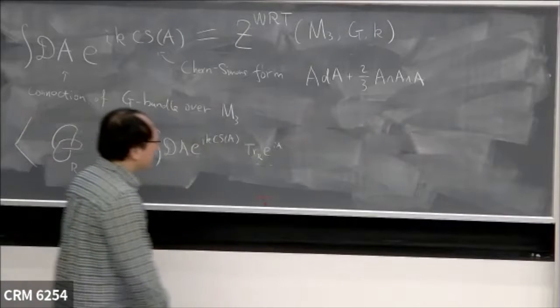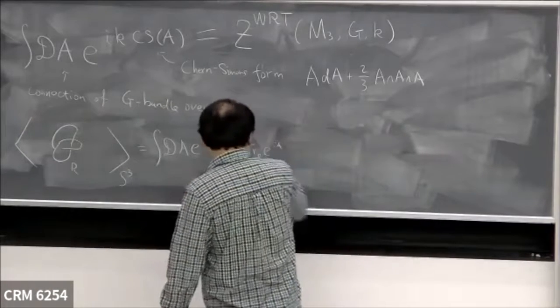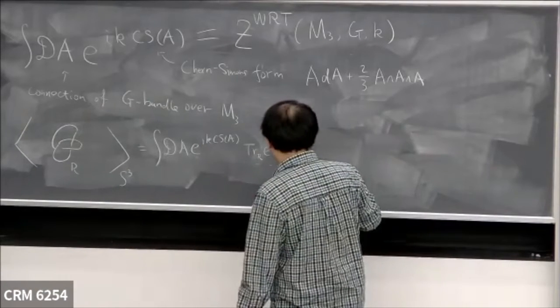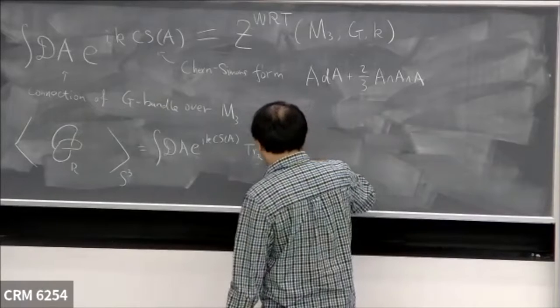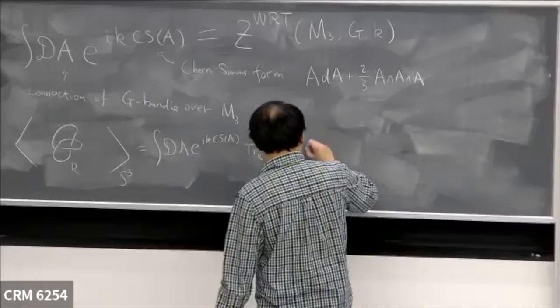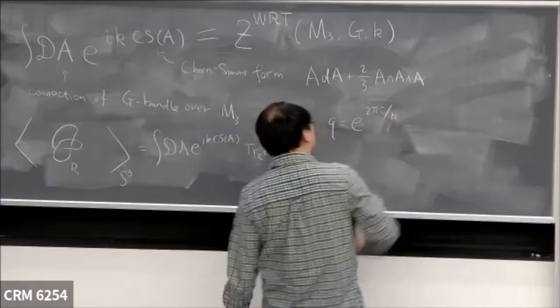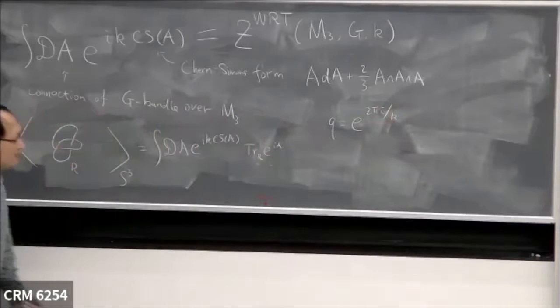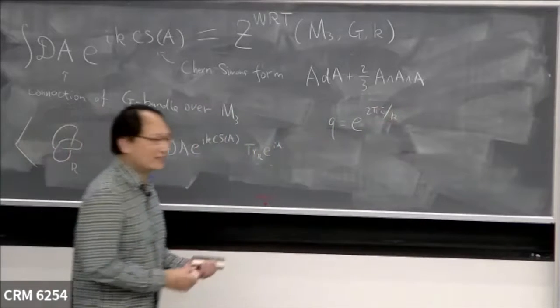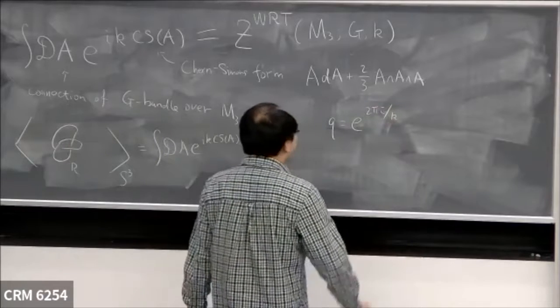An interesting fact is that this can be written in terms of the variable q, which is e to the 2 pi i over k, potentially with some shifts involving the dual Coxeter number, but I'm ignoring that.